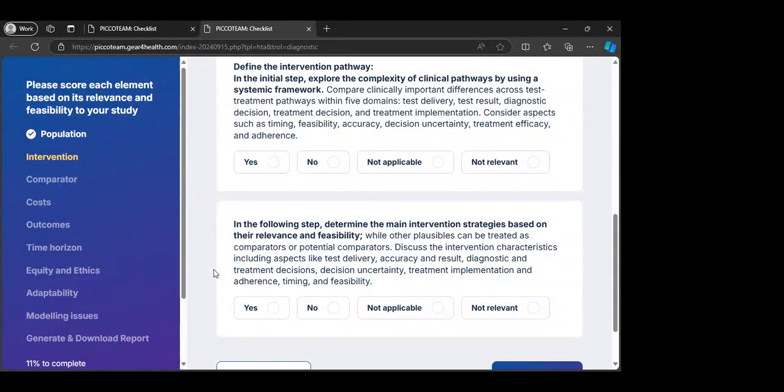It should involve at least 5 domains: test delivery, test result, diagnostic decision, treatment decision, and treatment implementation. Test delivery in our case is that we conduct tests, receive the result, and then test the relatives. Then the diagnostic decision, and the treatment decision for those who have a diagnosis.